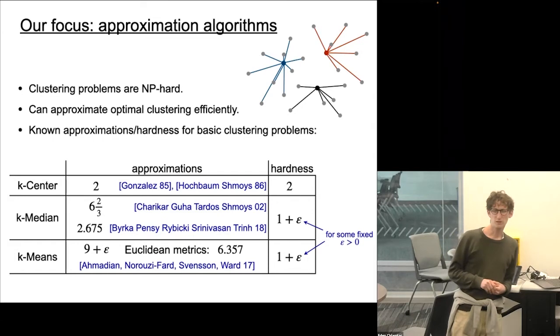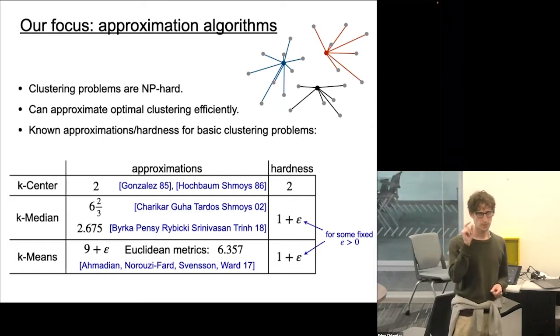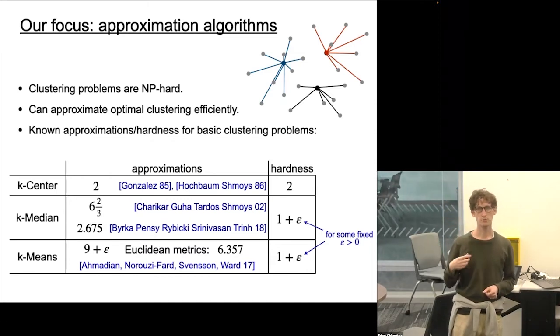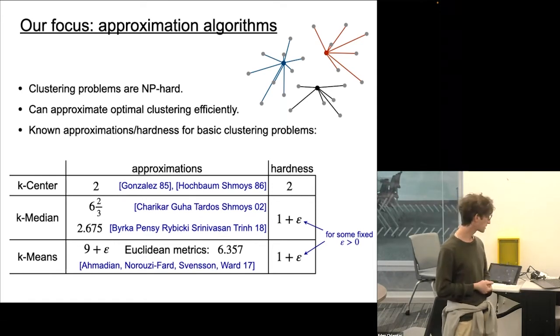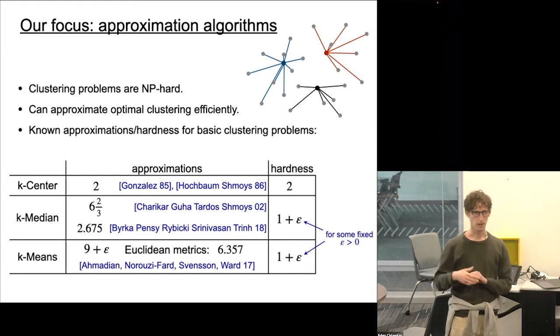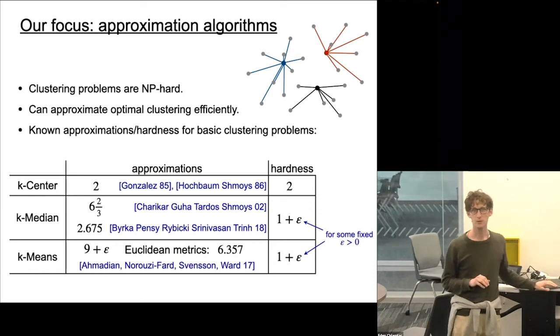I think these are all the current state of the art, unless I'm missing something. The reason I mention for k-median the slightly older result of Byrka et al. is that we actually make use of some piece in their algorithm, not just for k-median but for our general problem. We use this within our algorithm, so I just wanted to get that out there.